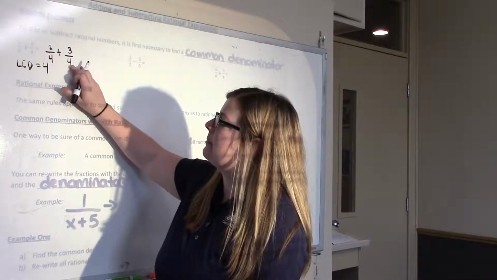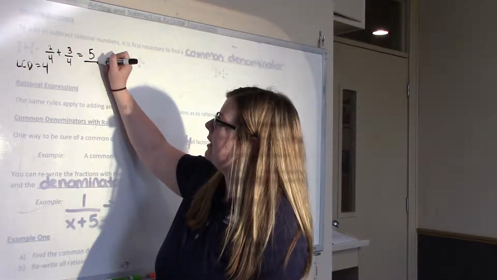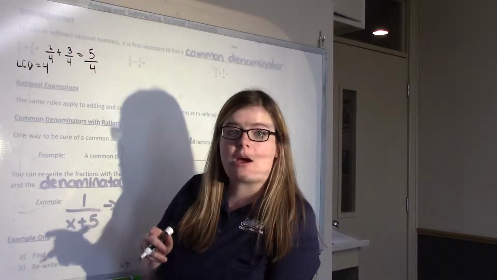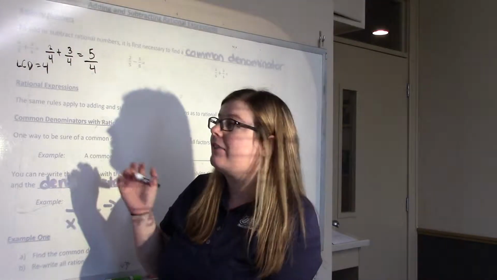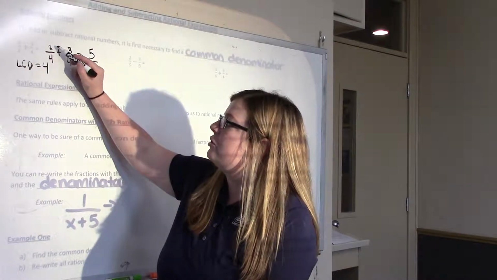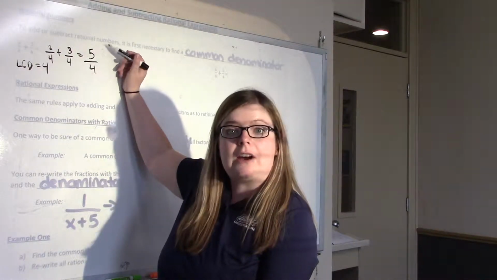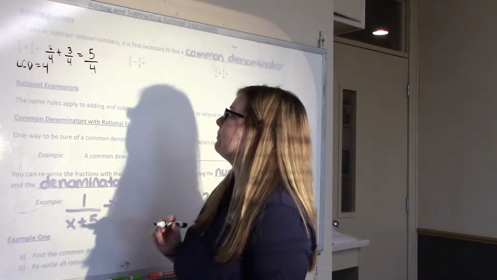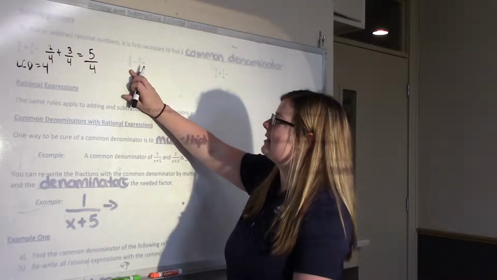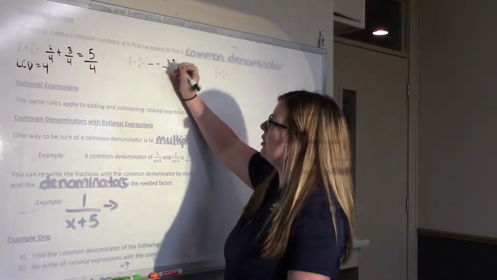So now that they have the same denominator, you can just add the numerators and you leave the denominator the same because that represents how many parts are in a whole. So this is 2 out of 4 parts plus 3 out of 4 parts gives you 5 out of 4 parts, okay?